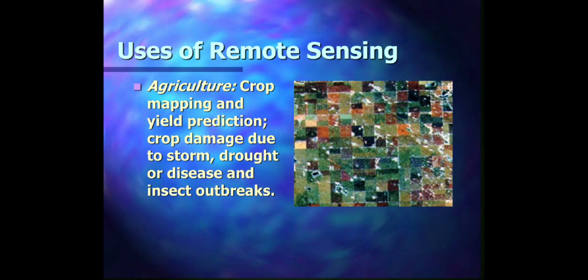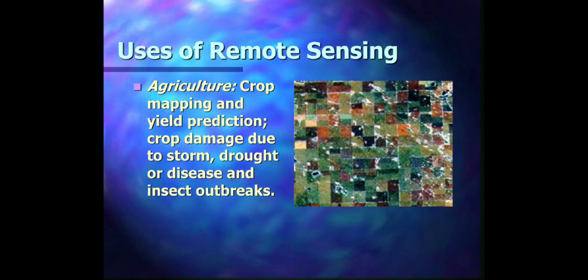Second, the uses of remote sensing in agriculture. At some times, like the monsoon season, heavy rain is there. If heavy rain is there, the amount of water in farms or in the areas is captured by the satellite camera.